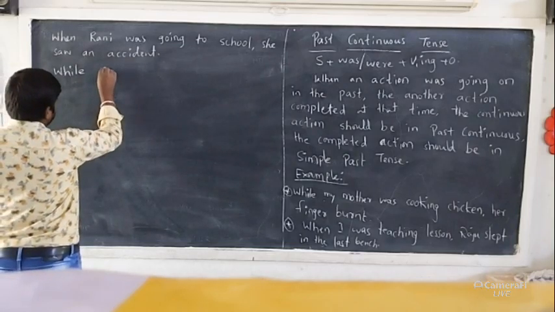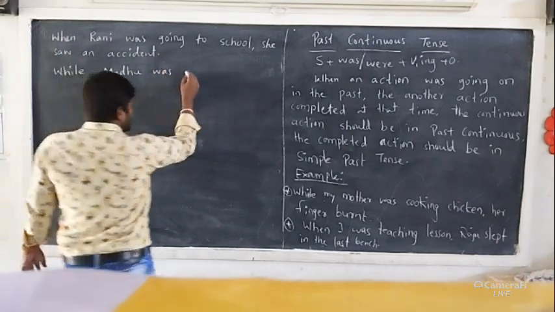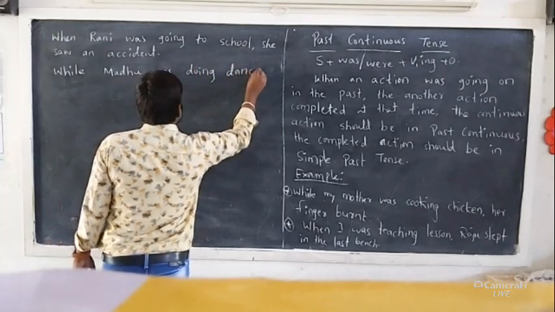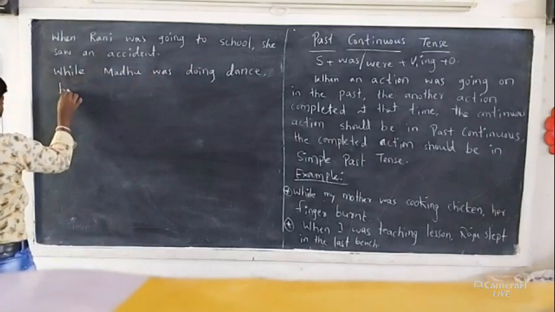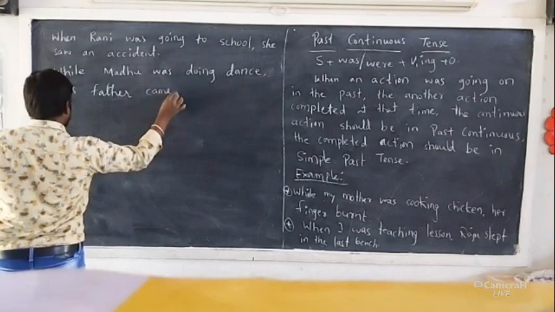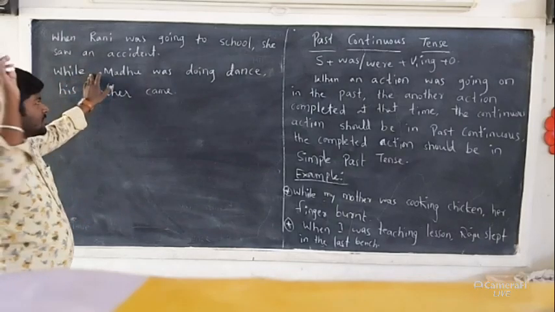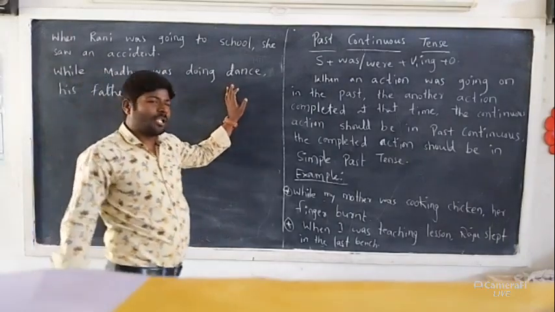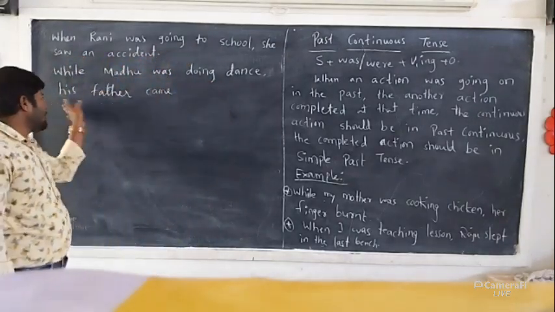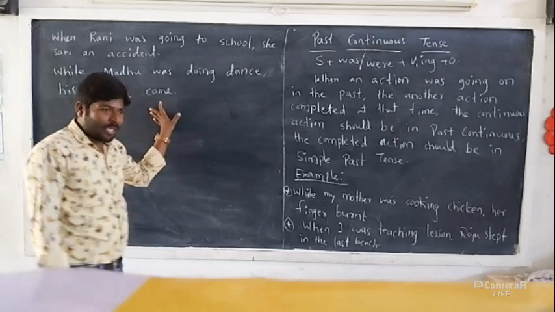While Madhu was doing dance, his father came. So Madhu was doing dance, right, and Madhu was dancing also, right? Okay. So Madhu was dancing. His father came. Continuous action, he was dancing. Completed action, his father came.